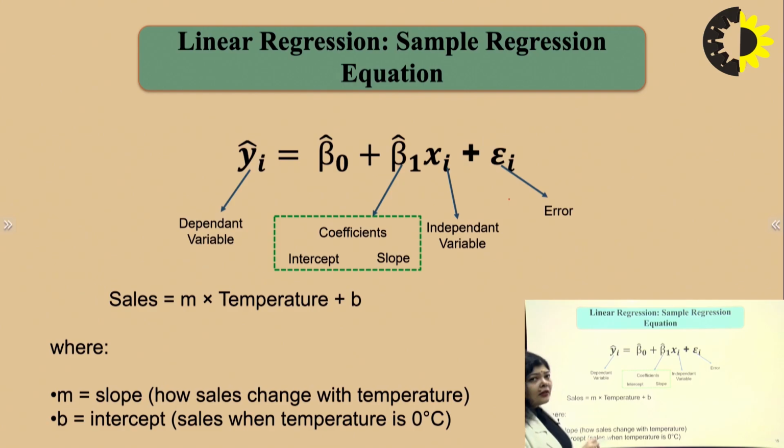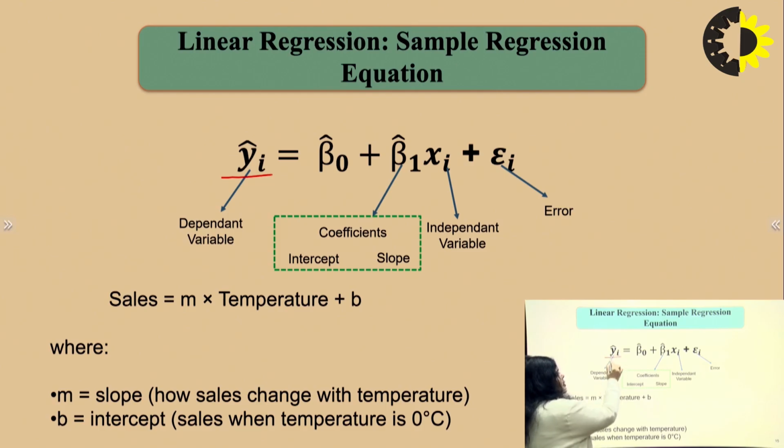And since we are estimating the population with the help of this sample data only, the variable representation and the coefficient representation are going to change slightly. So we most of the time see equations where we are using hats over the variables.